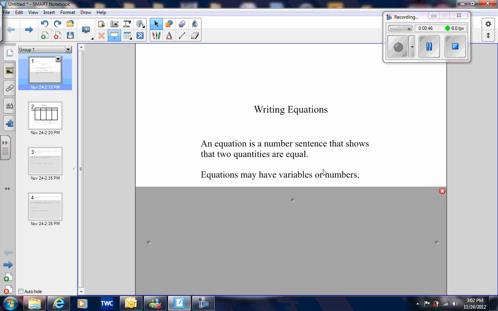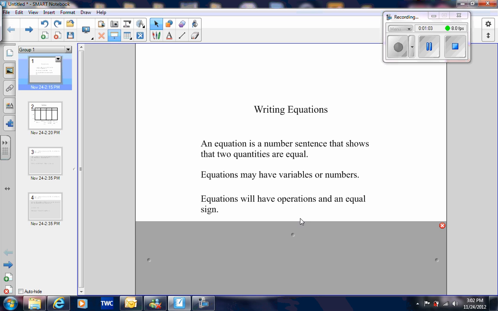As you continue on in math and get further along in math, you'll find that many times there are more variables than there are numbers, and sometimes it's all variables and no numbers. And so it just depends on what level of mathematics you're at. Equations will have operations. Operations are add, subtract, multiply, divide. And they will have an equal sign.